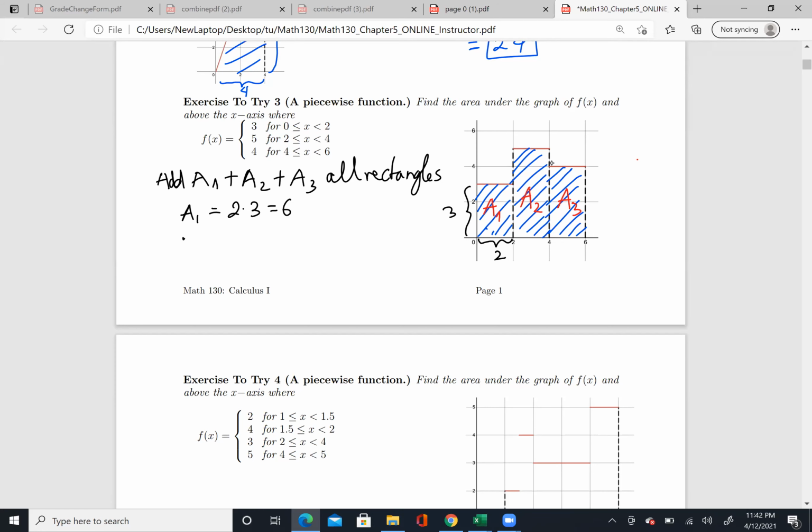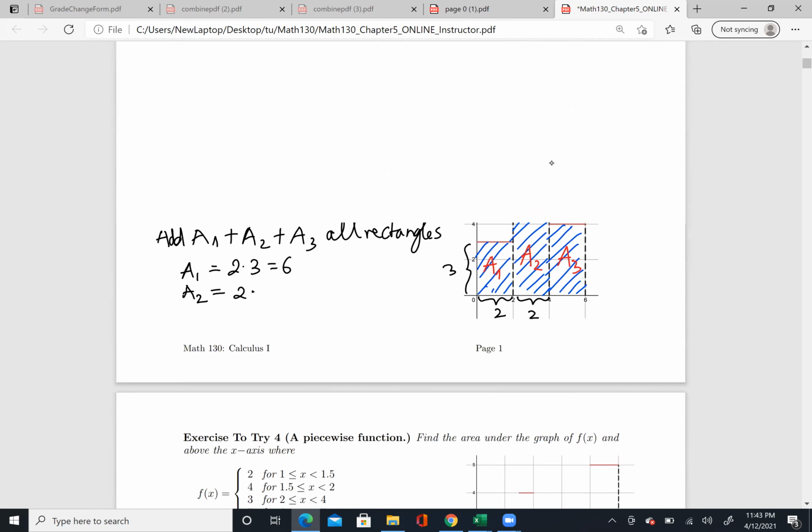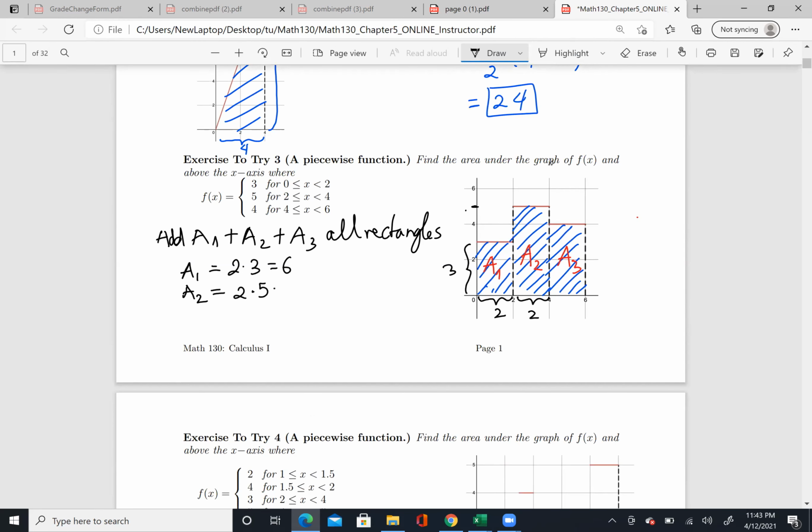And I have A2, which is the base from 2 to 4, so again it's 2, multiplied by the height, which is 5, right? So 2 times 5 equal to 10.